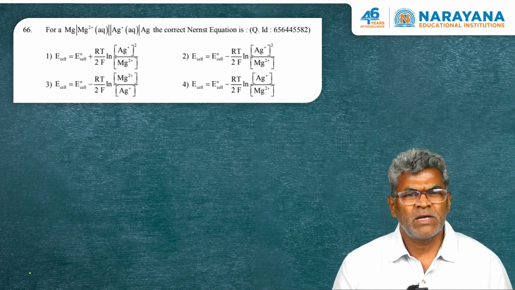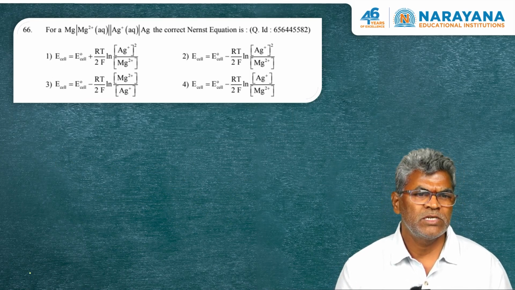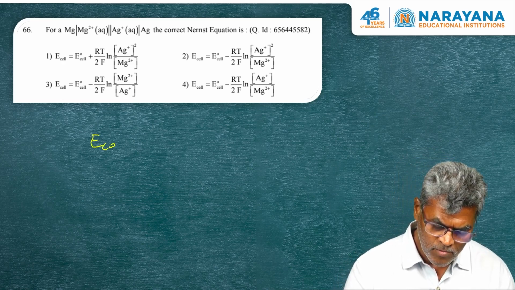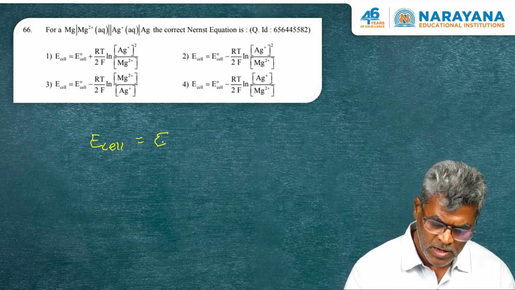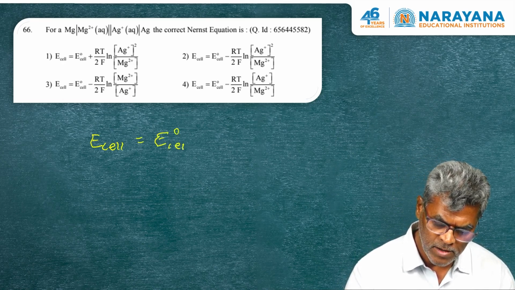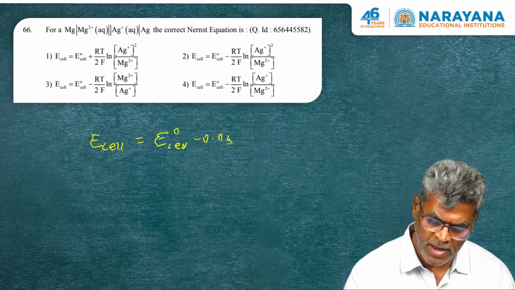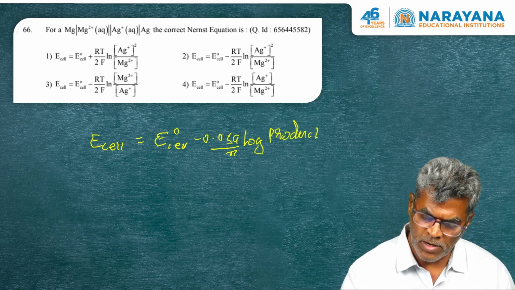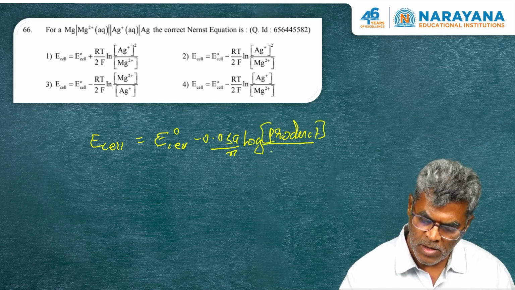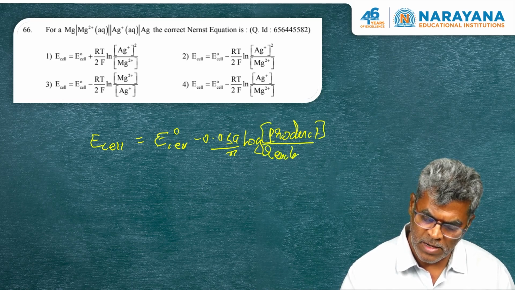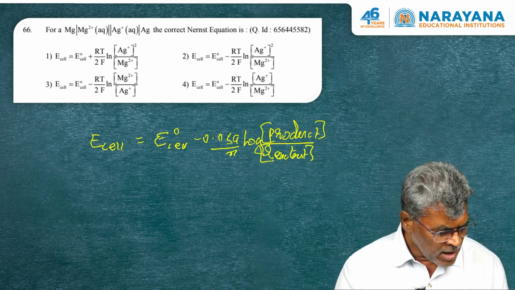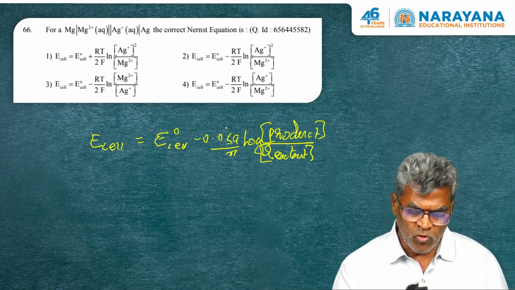Next, this is based on Nernst equation question. That Nernst equation you can take. Of course, generally what we write, E cell is equal to E naught cell minus 0.059 by n log product concentration by reactant concentration, we take. But here they did not simplify this equation, do not get confused with that one.